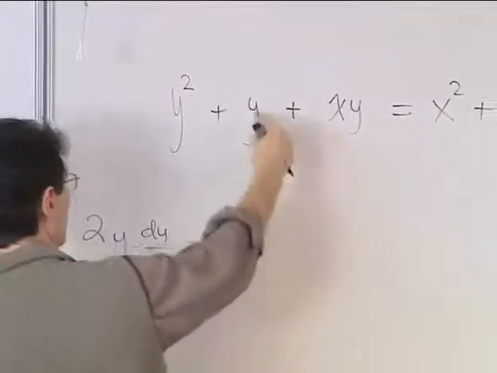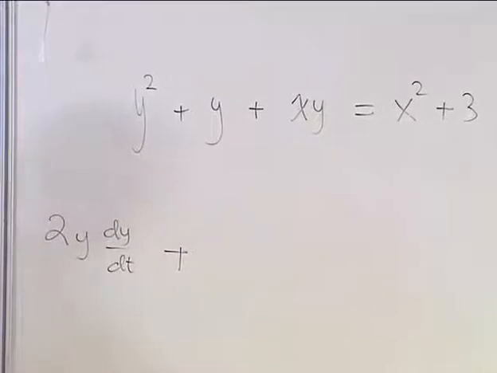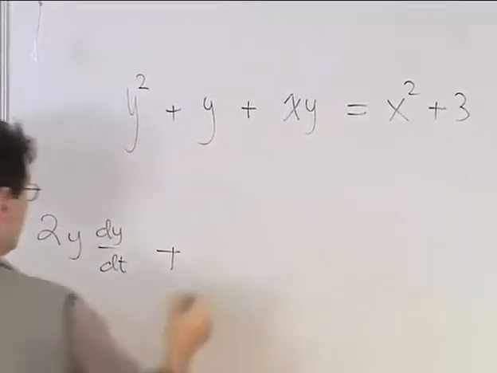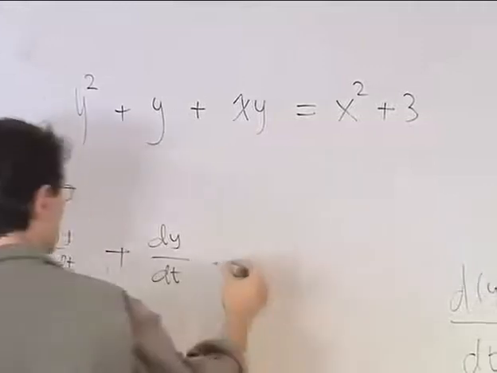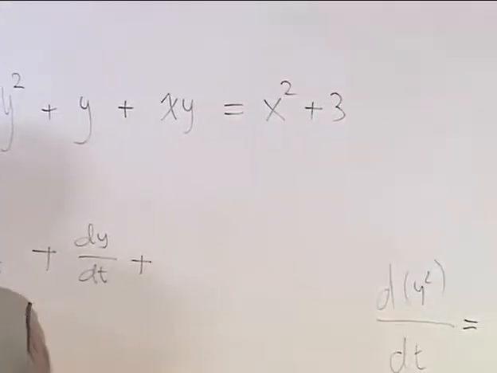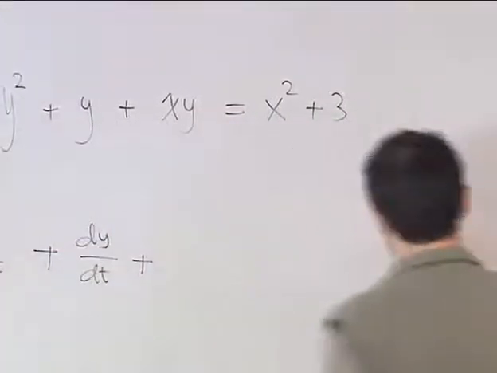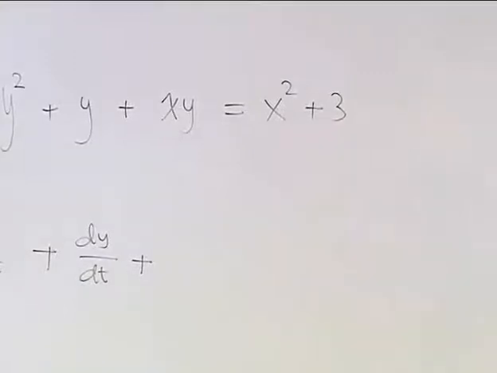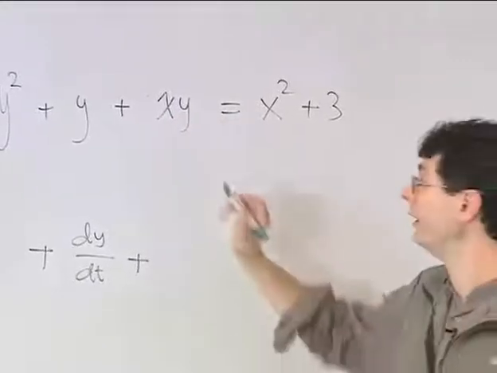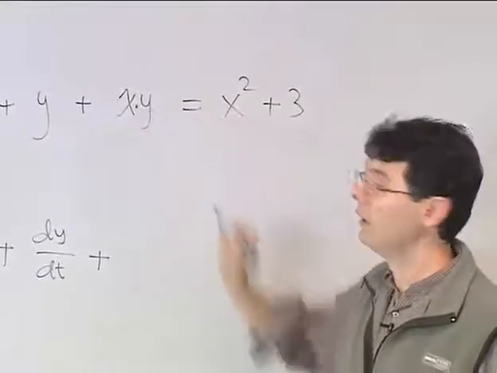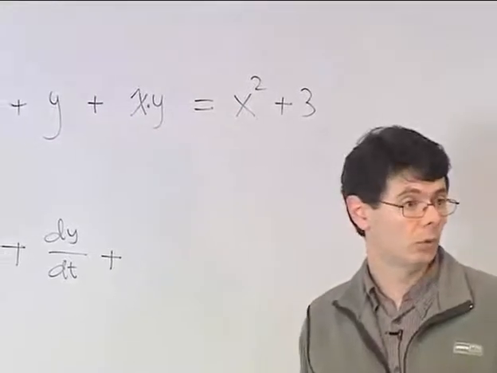Plus, the derivative of y with respect to t is just dy dt. You don't need the chain rule here. Plus, now, in here I have x times y. There's a product here. So you need to use the product rule.